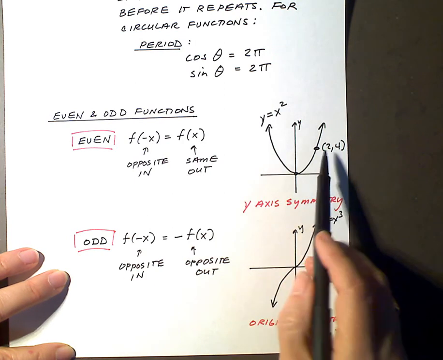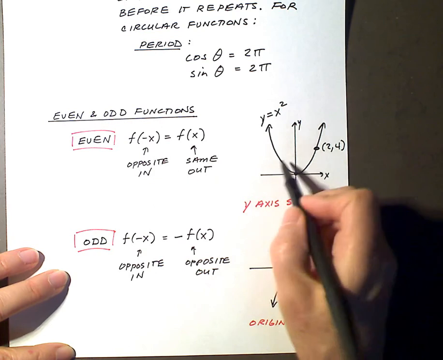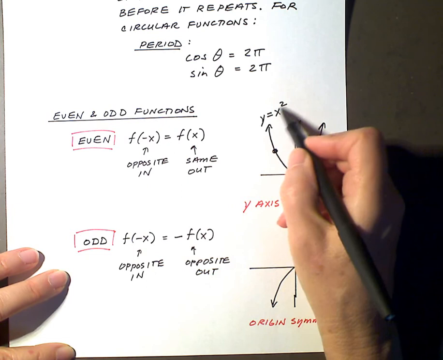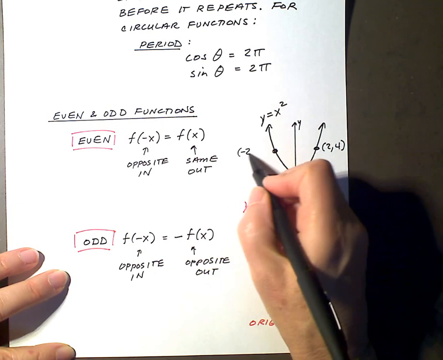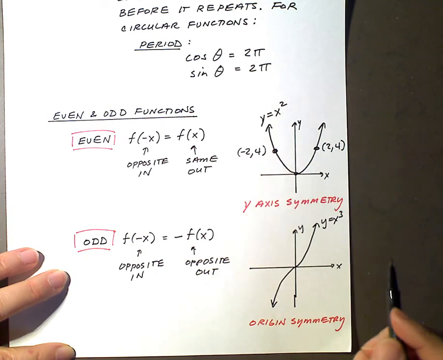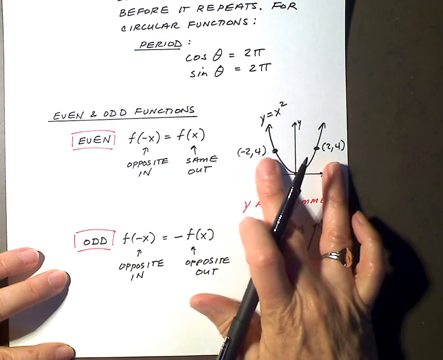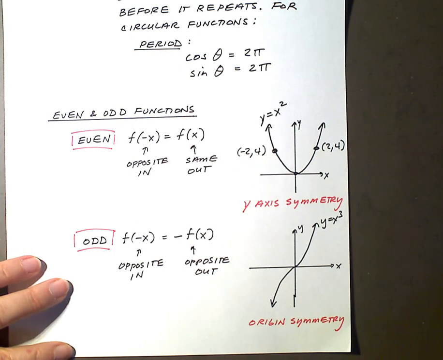So if I put in a negative 2, when I say y equals negative 2 squared, I get my same original y value. So two opposite x values will have the same y value, and that's the attribute of an even function.